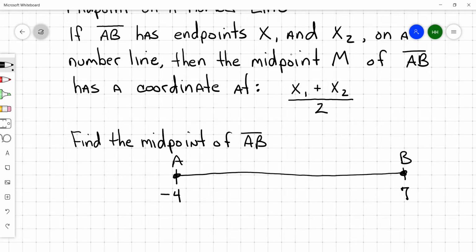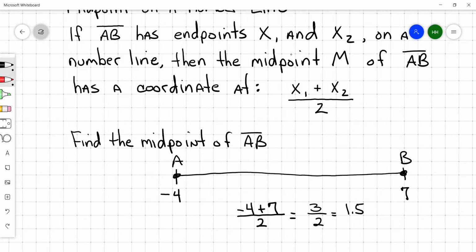So in order to find the midpoint of segment AB, we're going to take -4, add it to 7, and divide by 2. So -4 plus 7 is 3, and 3 divided by 2 equals 1.5.